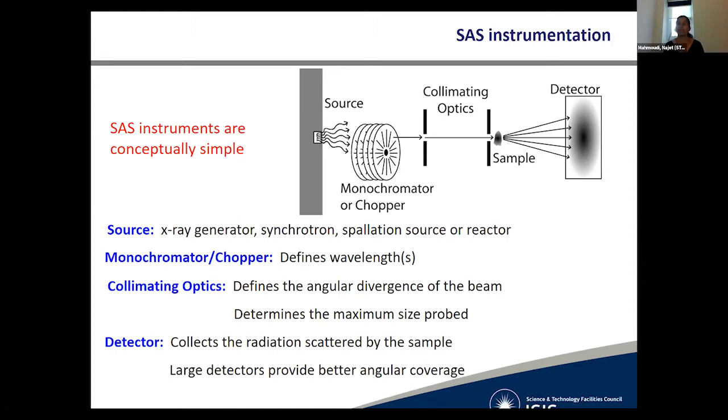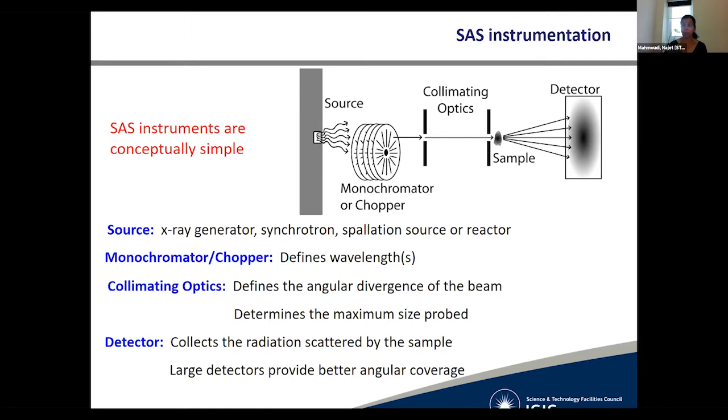Obviously, you need to define the wavelength you want to look at your systems with, and usually you use either a monochromator or a chopper. A monochromator, if you're using a monochromatic beam, is usually the case in reactor sources. At ISIS, we use choppers because we have pulsed beams and we use time of flight instruments. Obviously, you need to collimate your beam.